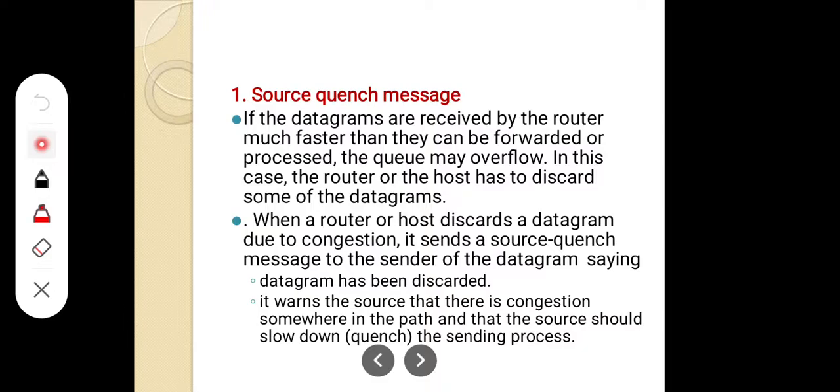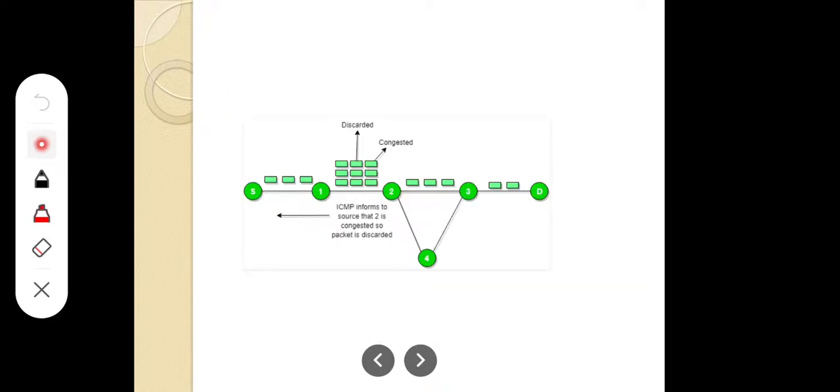So what do we mean by source quench? We will explain it using a figure. Here, this is the source, these are the intermediate nodes, and this is the destination. The datagrams are transferred from source to destination through these intermediate routers.